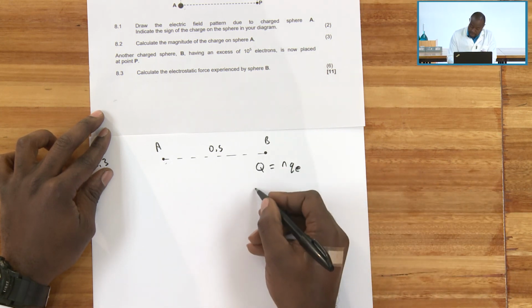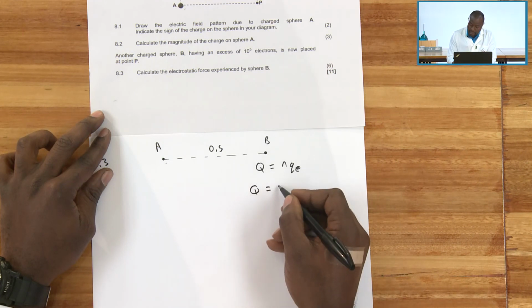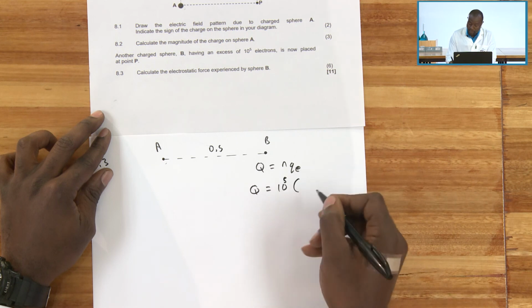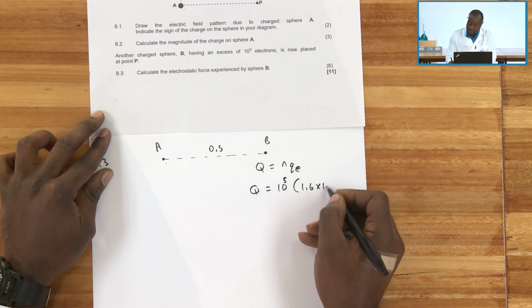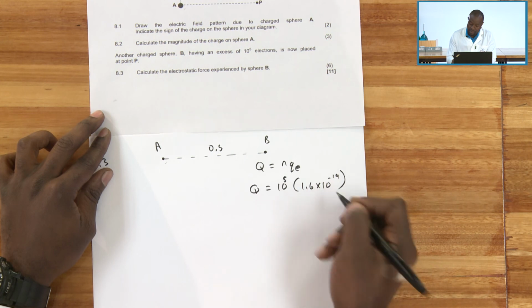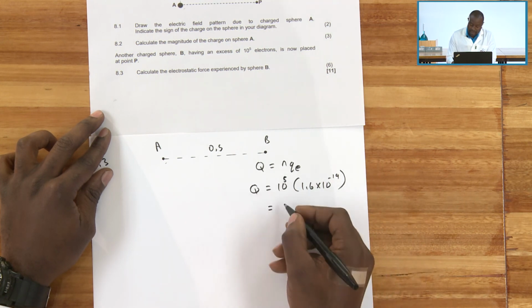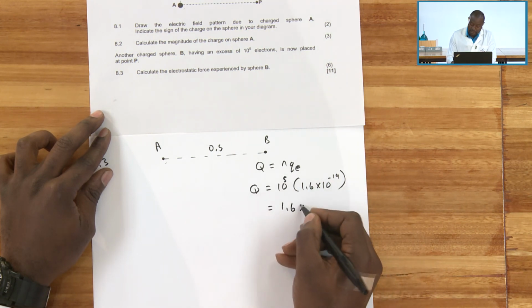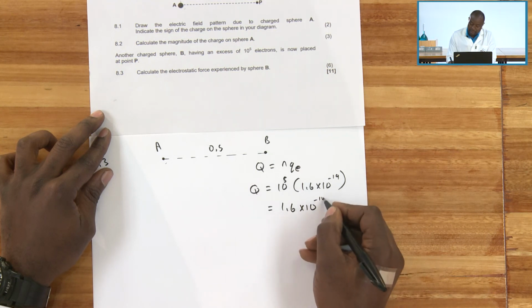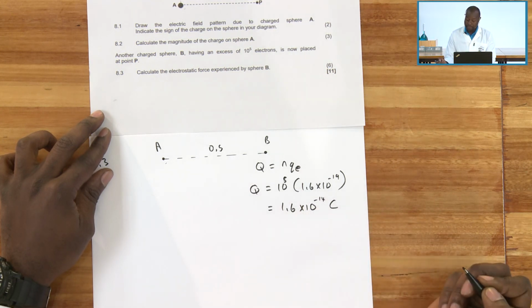So Q is equal to N, which is 10 to the power of 5, times QE, which we know is 1.6 times 10 to the power of negative 19 coulombs, and we are going to get a charge of 1.6 times 10 to the power of negative 14 coulombs.